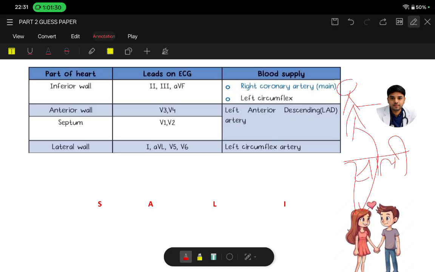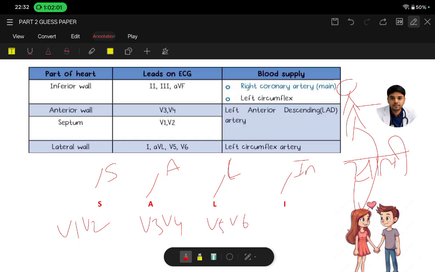Here, S is for septum, A for anterior, L for lateral, I for inferior. So just write like this. V1, V2, V3, V4 done. Next, V5, V6. We are done with the chest leads.